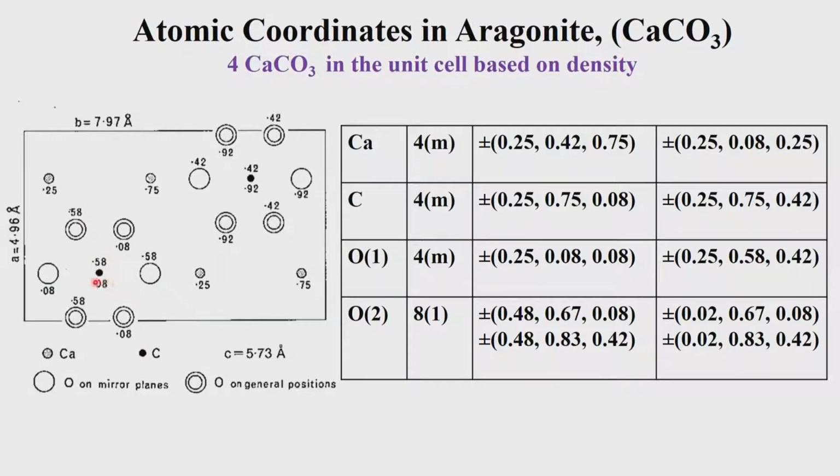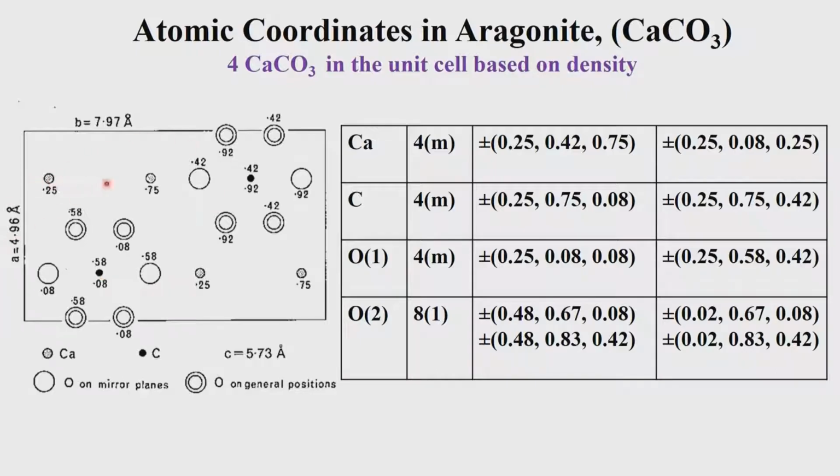This is at 0.08 and 0.58, and the carbon atoms here are half added to the z value. So, they sit at 0.42 and 0.92, and this 0.92 is 1 minus 0.08, and this value is 0.42, which is 1 minus 0.58. So, you see carbon atoms come at these positions. The carbon is one above the other along the z direction. Similarly, the carbon is one above the other in the z direction.